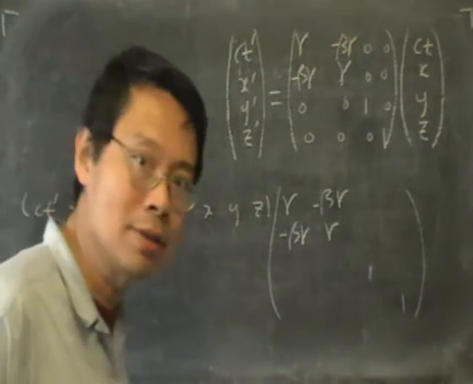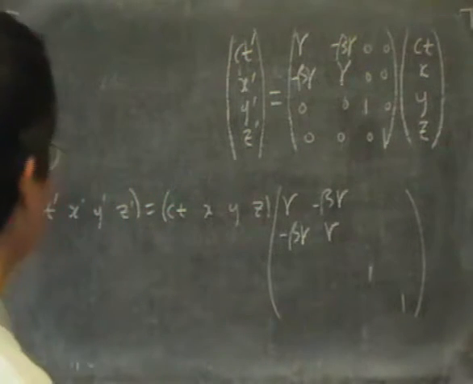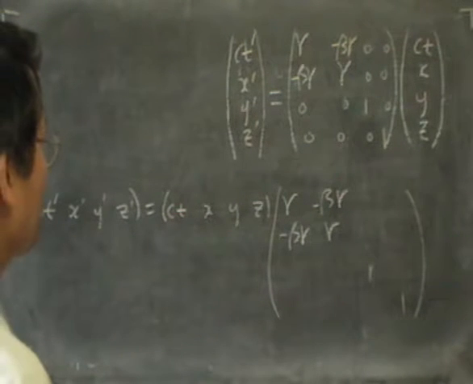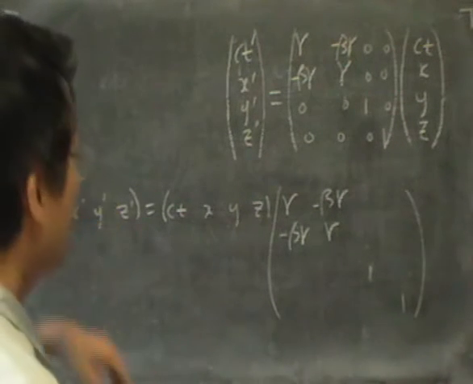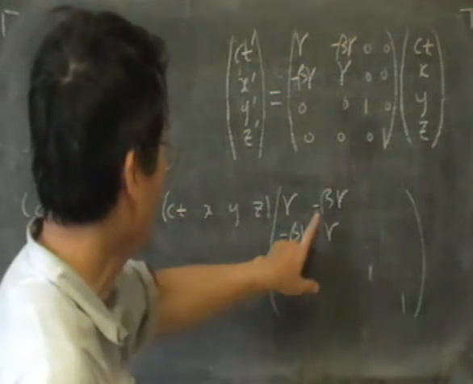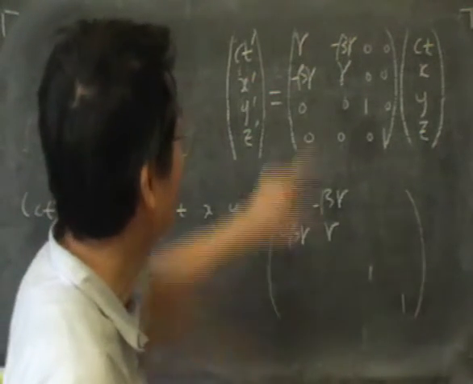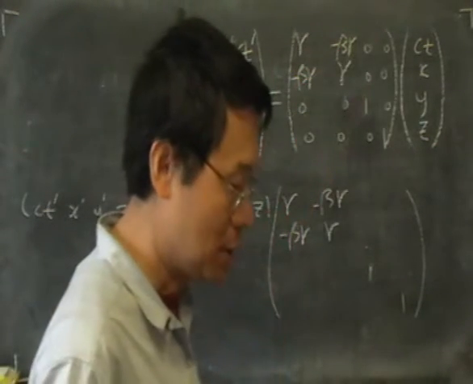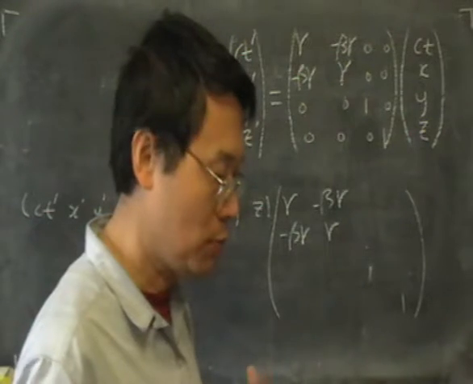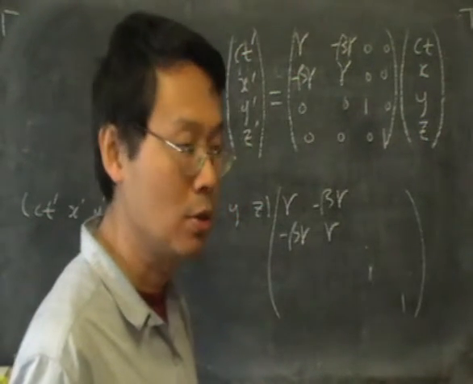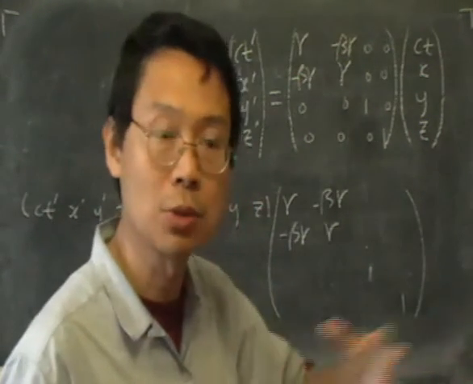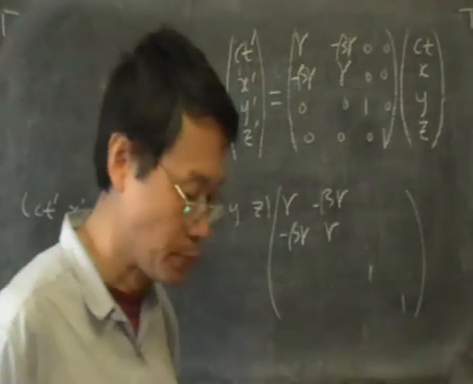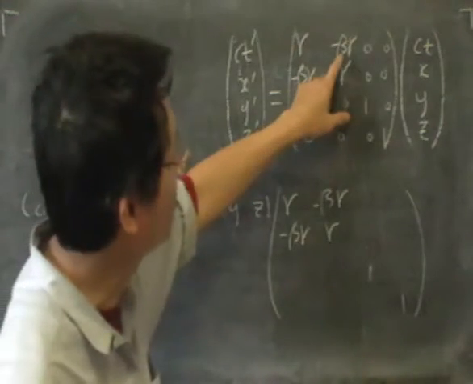The next thing that I'm going to do is, if you look at this matrix, you see the minus sign there. Now this matrix transforms the coordinates from one frame to another frame that is moving, say, to the right, with a velocity v, which is inside beta.